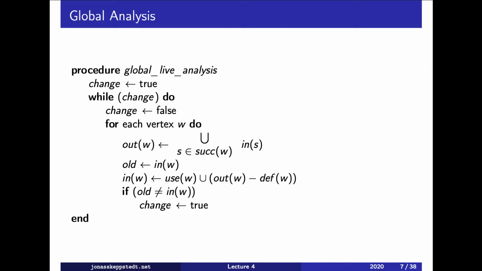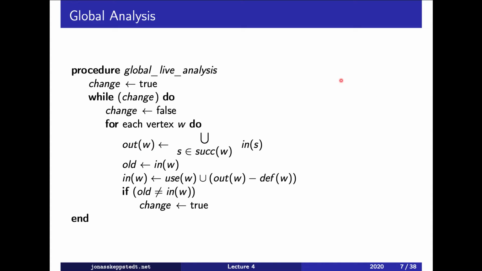So we start by saying that things change. Okay, so while the data flow information in this control flow graph changes, we make another iteration. So for each vertex, we compute the out.